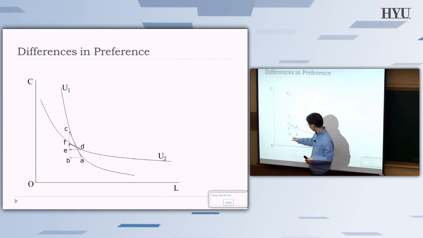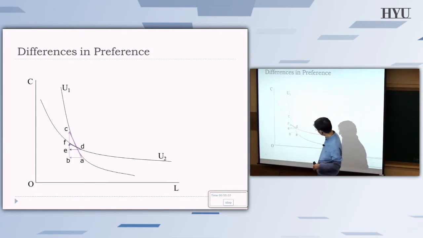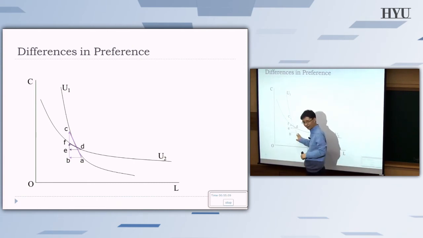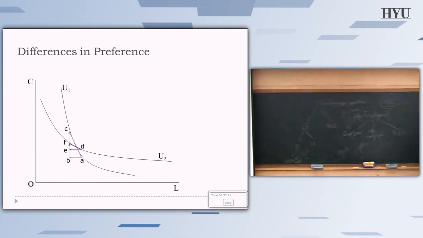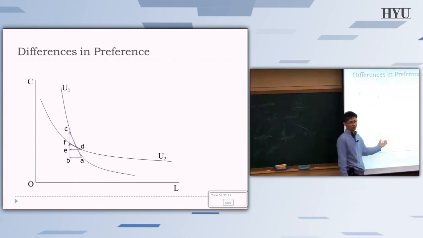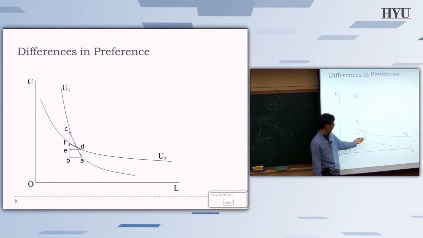Now the arrow here basically means giving up leisure. AB and DE are the same length. So these people are asked: how much consumption do you want in order to give up one hour of leisure?